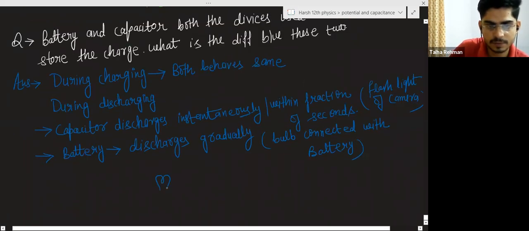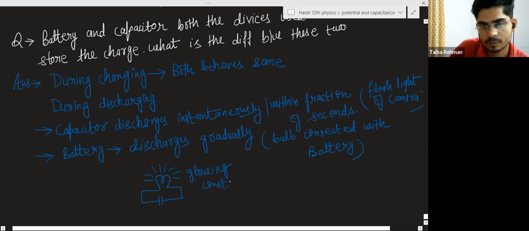Suppose this is a bulb and this bulb is connected with some battery. This bulb is glowing constantly. And this is the battery.